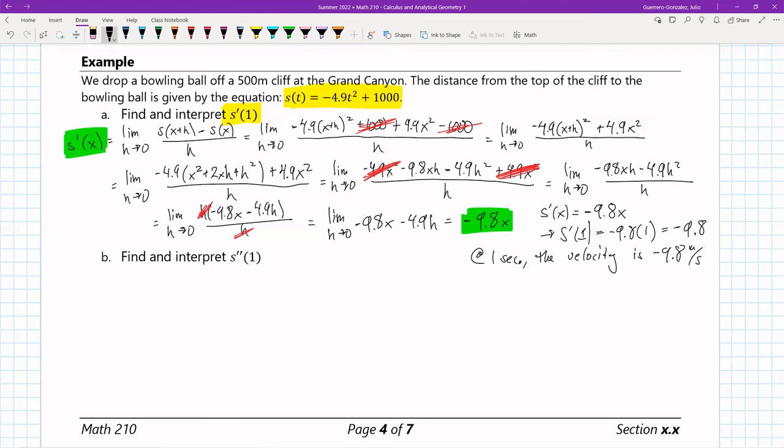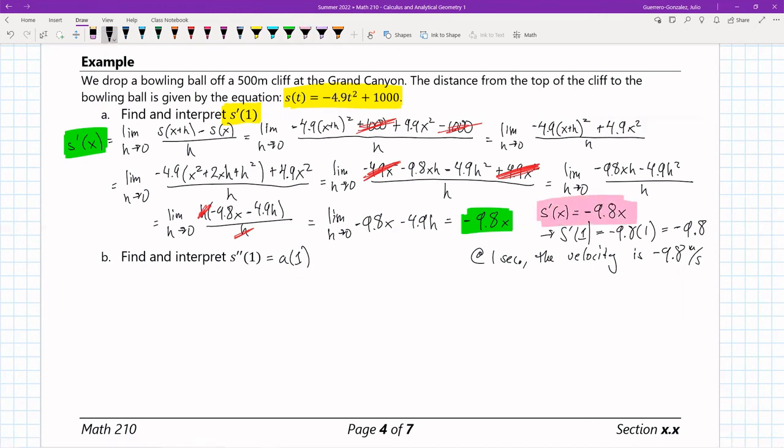It's just that now we get an expression, an s prime of x, an equation. Now the next bit: find and interpret s double prime of 1. We know this is going to be a of 1, the acceleration of my bowling ball, which means I need to take the derivative of this thing right here.